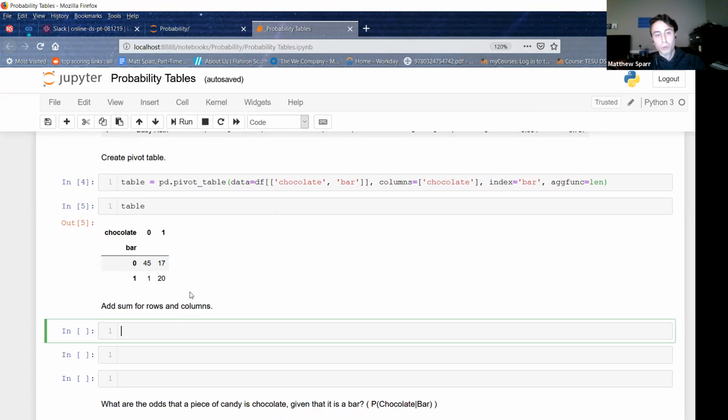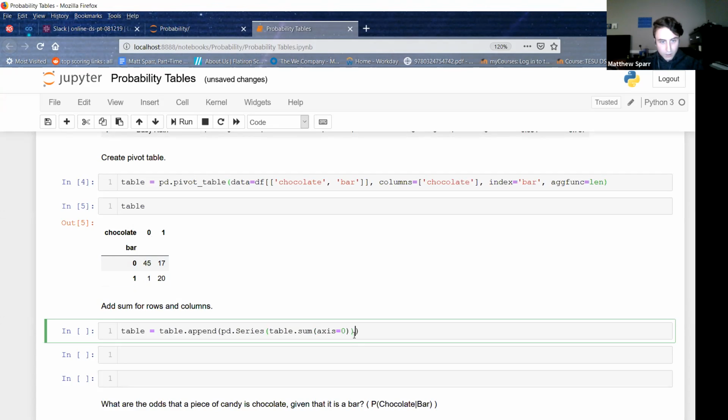So to help with probabilities, then you can add sums around this. So you can sum each column and each row. And to do that with the table we have here, we can first add the row at the bottom to sum the columns here. And you do that with table.append. We have to pass in a pandas series. And we're going to take the sum of each of the columns, basically, and it's axis 0.